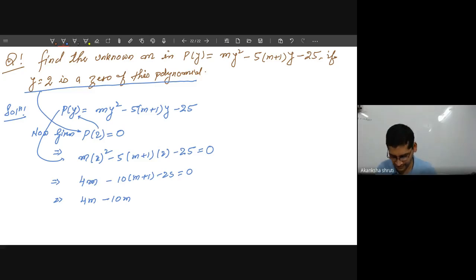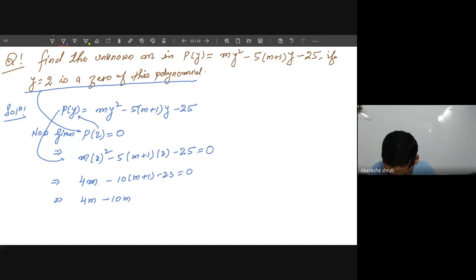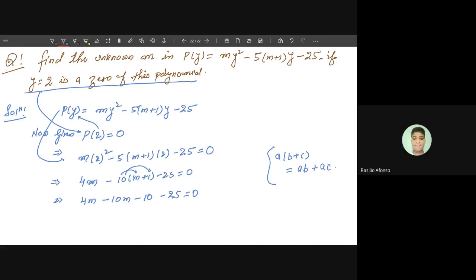It is for those students: how will it become 10? I mean, this 10 has to be multiplied with both this m as well as this 1, minus 10, minus 25 is equal to 0. It is the distributive rule, like a times b plus c: a has to be multiplied with b, plus a times c. So it is 5m minus 5.